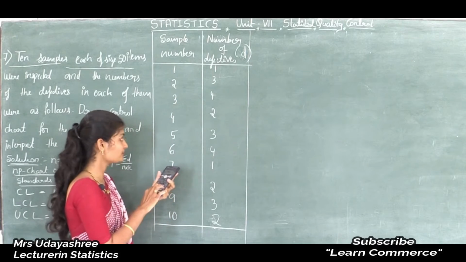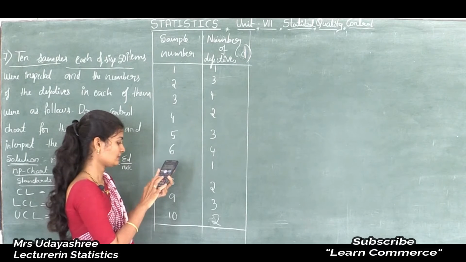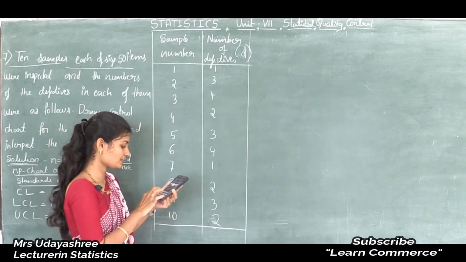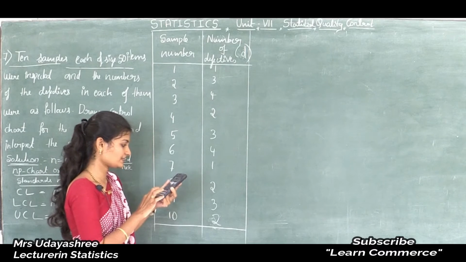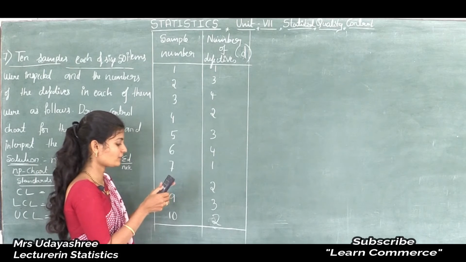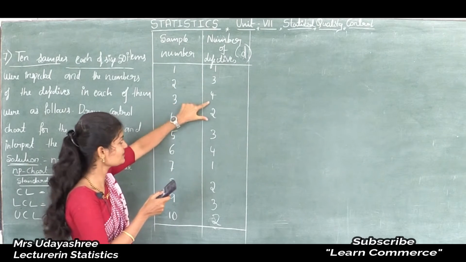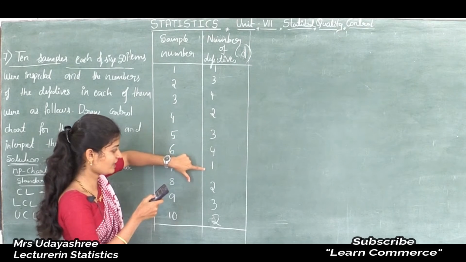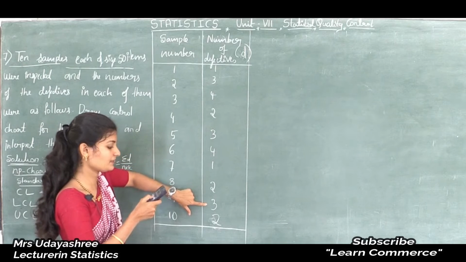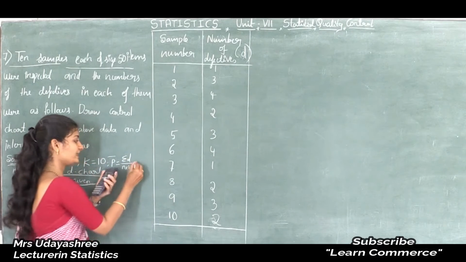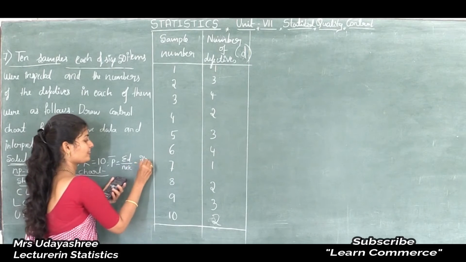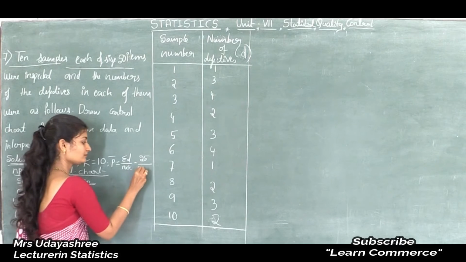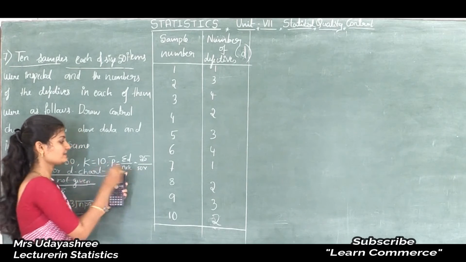That is 1 plus 3 plus 4 plus 2 plus 3 plus 4 plus 1 plus 2 plus 3 plus 2, that is 25. Let me cross check. So here sum of D is 25, divided by n, which is 50, into k, which is 10.